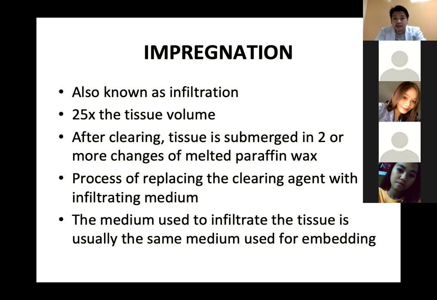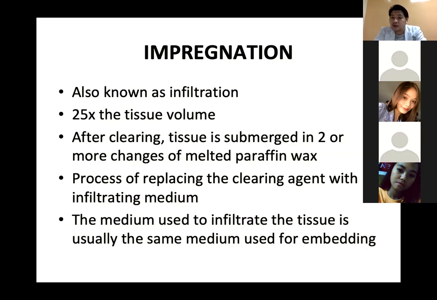It is the process of replacing the clearing agent with an infiltrating medium, and the medium used to infiltrate the tissue is usually the same medium used for embedding, except for double embedding. So usually, if paraffin is the infiltrating medium, paraffin is also used as the embedding medium.